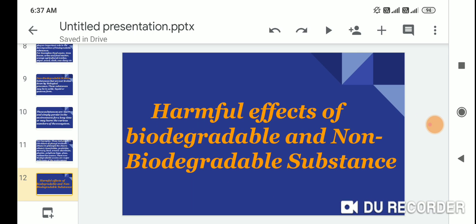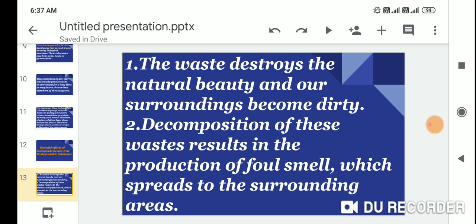Next topic, dear students: harmful effects of biodegradable and non-biodegradable substances. First, the wastes destroy the natural beauty and our surroundings become dirty.